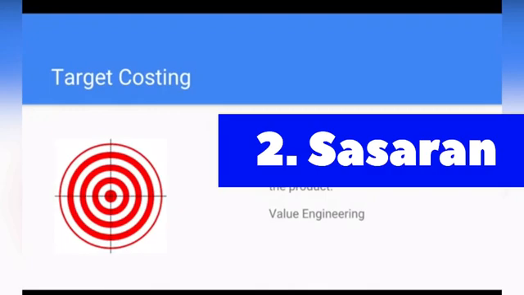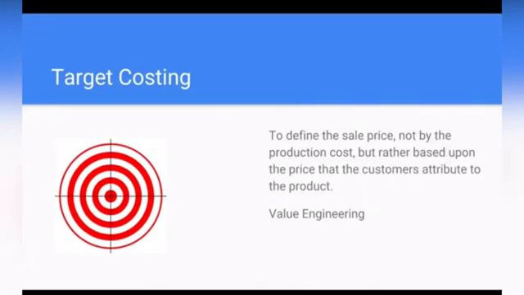So what I'm going to do first is to define the two different types of costing. Target costing, in short terms, is to define the sales price not by the production cost, but rather based upon the price that the customer attributes to the product.